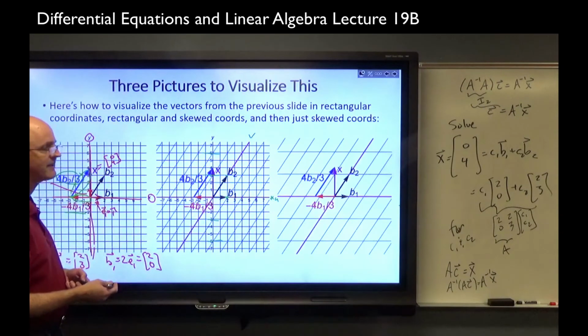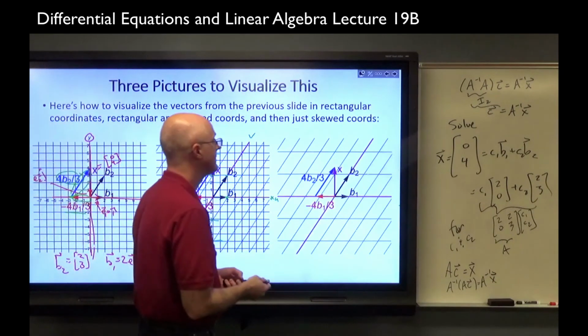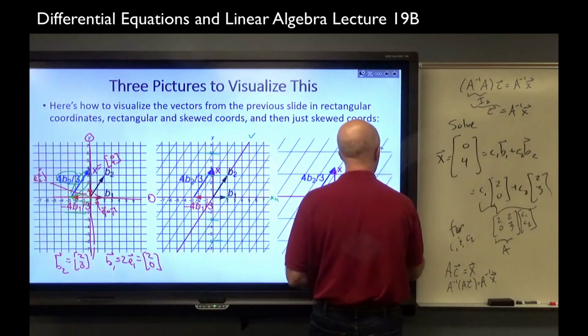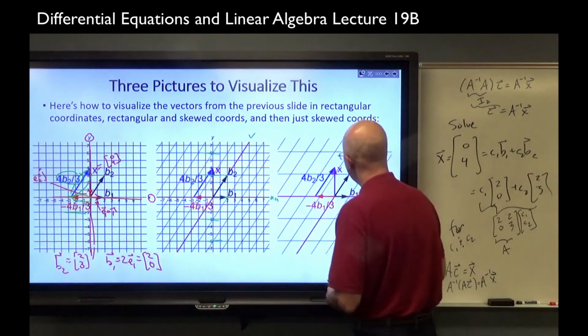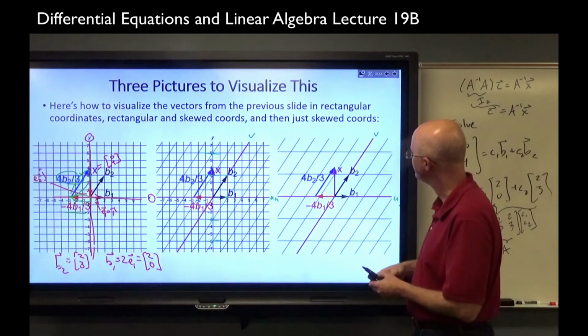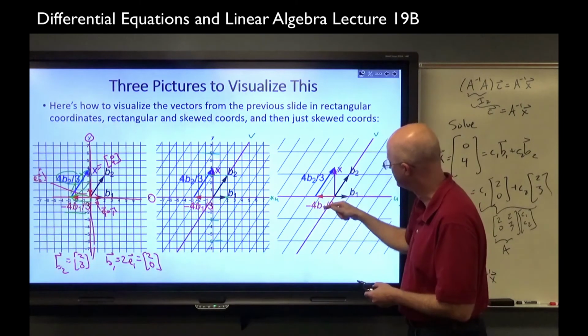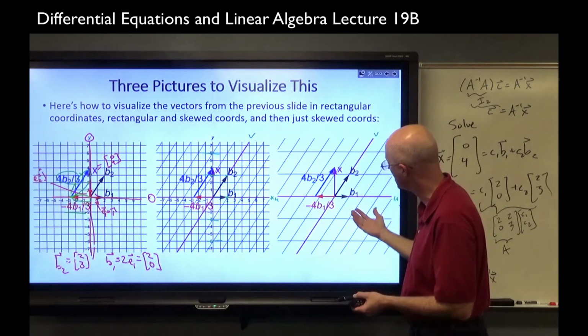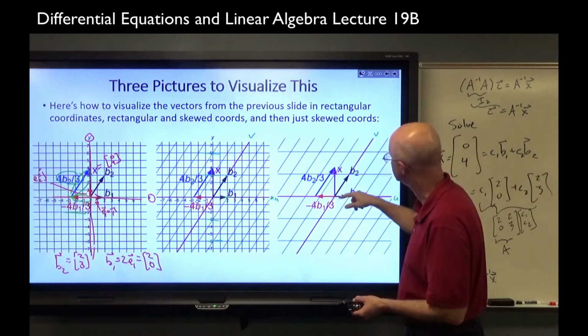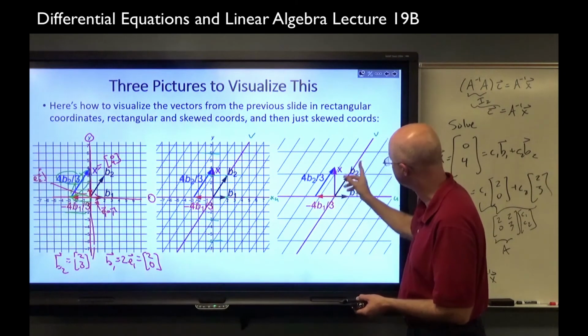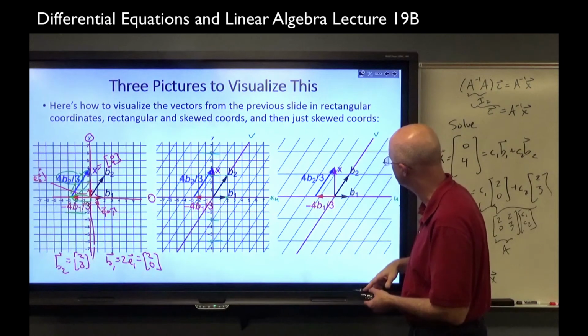I can get rid of the original coordinate system completely now. And you see once again, the red vector here is still negative 4/3 B1. It points in the opposite direction and it's 4/3 times longer. The blue vector is parallel to B2. It's 4/3 times B2, in the same direction but 4/3 times as long. Still giving you x.